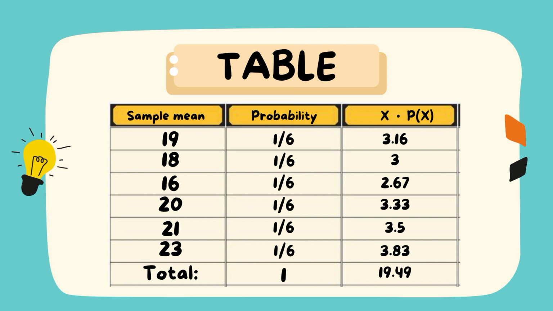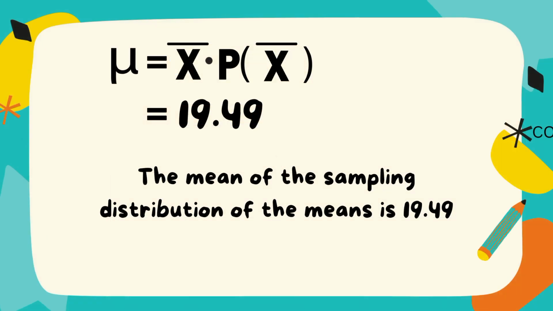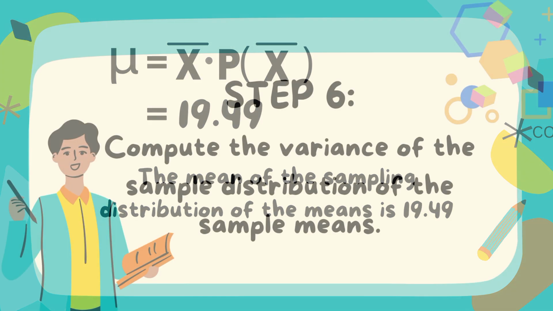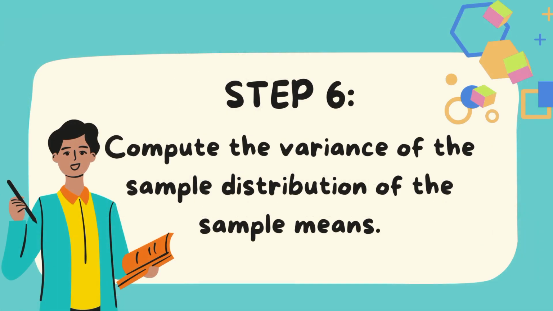And then we are going to add all those numbers that we get. 3.16 plus 3 plus 2.67 plus 3.33 plus 3.5 plus 3.83 is equal to 19.49. Therefore, the mean of the sampling distribution of the means is 19.49. Step 6, or the last step.